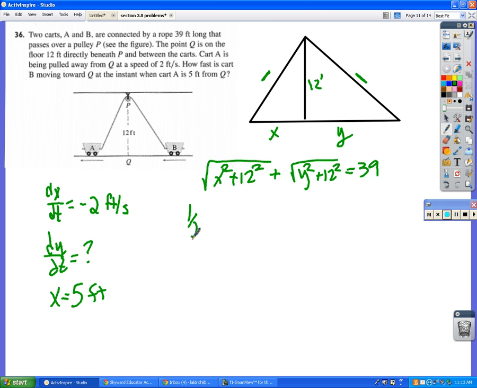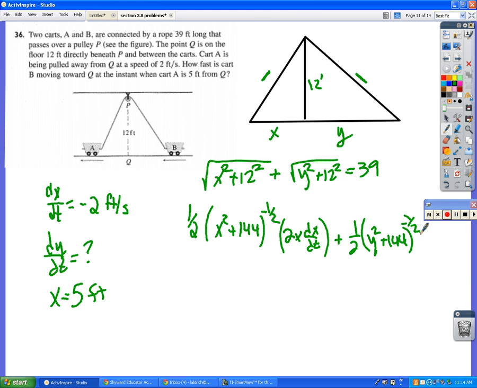So we're going to go 1/2 times all of this stuff stays the same to the negative 1/2 power, times the derivative of the stuff inside, which is 2x dx/dt. Chain rule. Same thing with that: move the 1/2 in front, subtract 1 from the exponent, times 2y dy/dt. And the derivative of 39 is 0, so that has to equal 0.